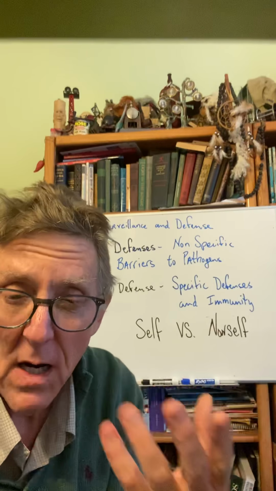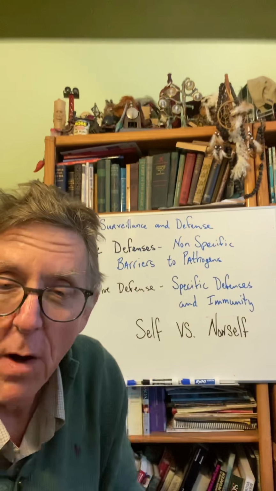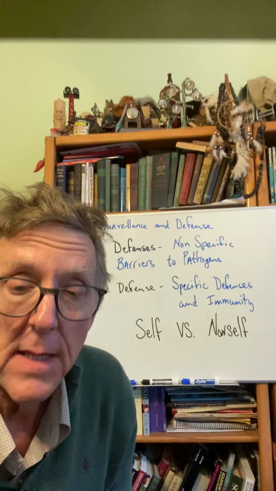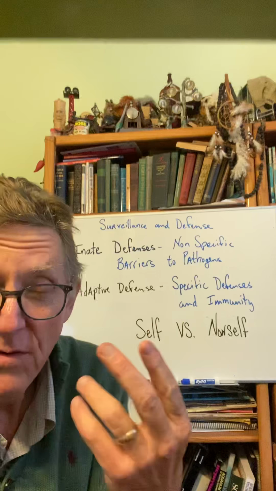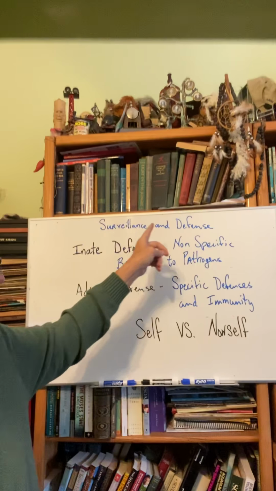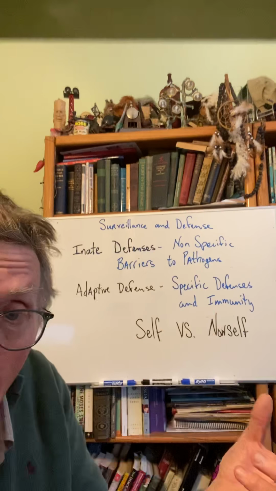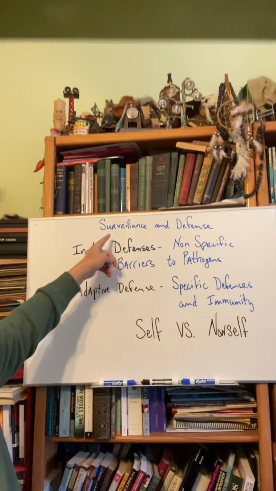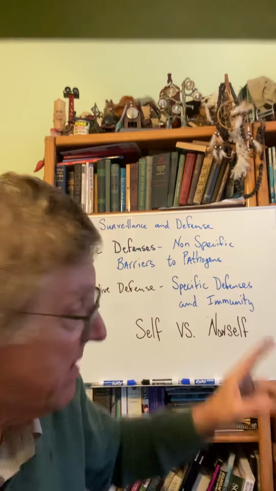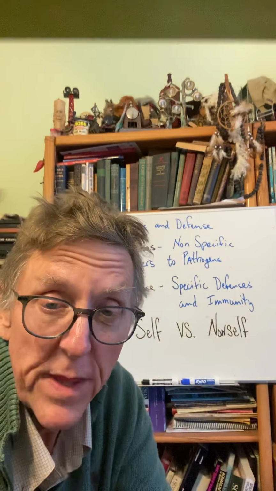And so when we talk about the second function of the lymphatic system, it's going to be surveillance and defense. Surveillance is watching for problems, and defense is how you deal with them.